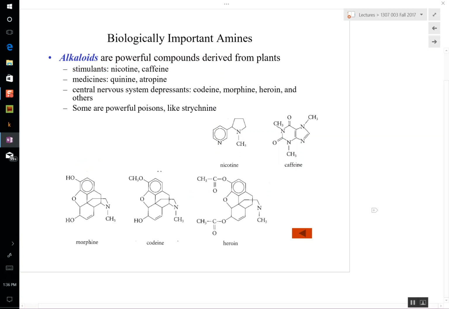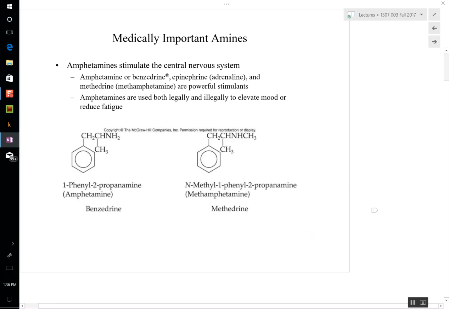Morphine, codeine. You can see the nitrogen functionality in these. That would be like a tertiary amine right there. Codeine, heroin. Heroin and codeine, pretty similar. Well, some differences. Caffeine, nicotine, nitrogens. Nature loves nitrogen.